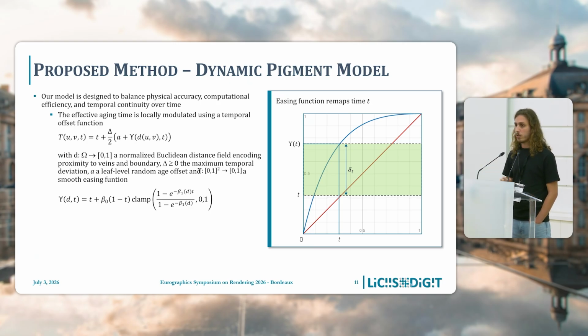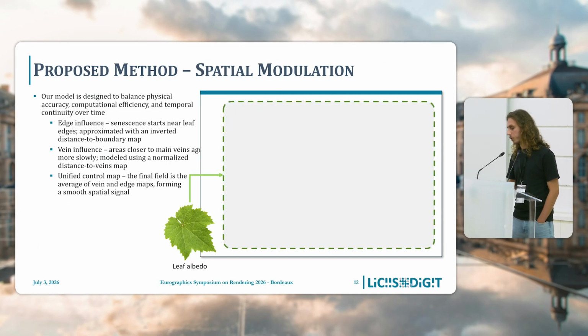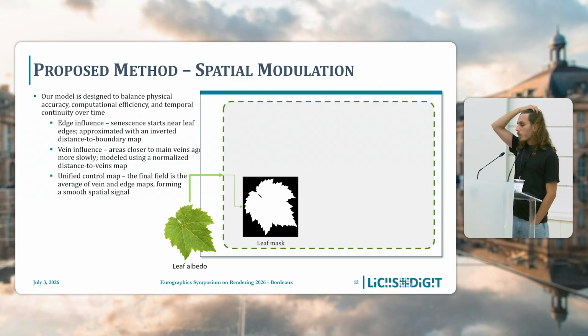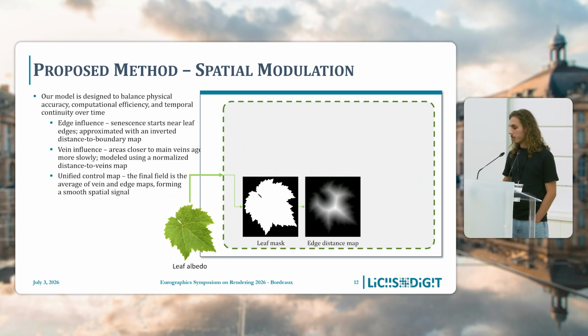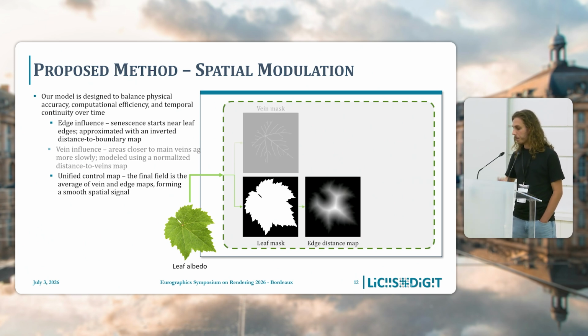Actually, this function is random, but in the future we want to constrain it with positional features on the leaf and on the foliage. From the leaf albedo, we extract different information, for example a leaf mask to compute an edge distance map.